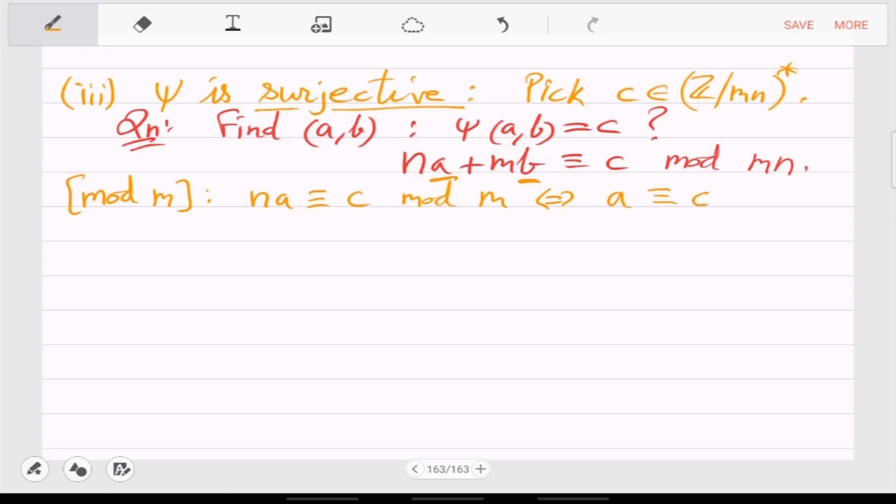So mod M will tell you that NA is C mod M. Yeah, so again you use the fact that N and M are co-prime, so N inverse exists, so A is, it's actually if and only if, there is no loss of information, so A is C by N mod M.